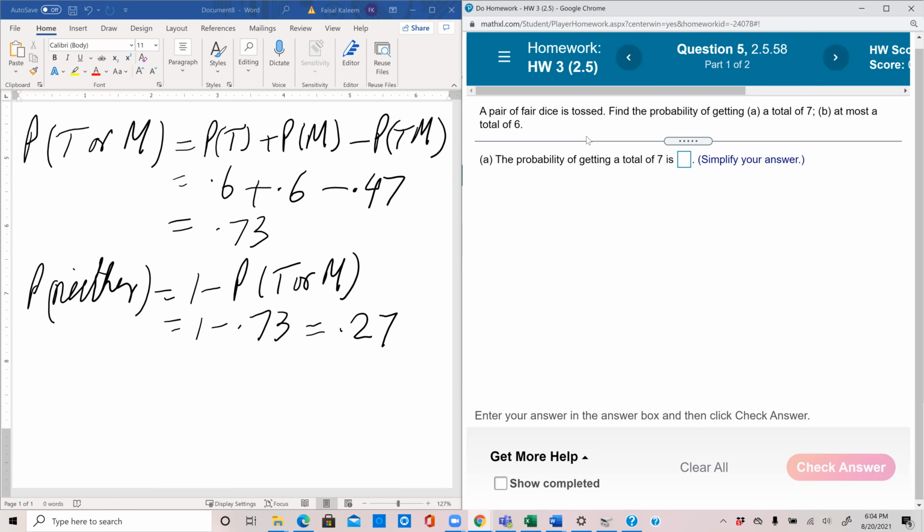A pair of fair dice is tossed. Find the probability of getting a total of 7, and part B says at most a total of 6.